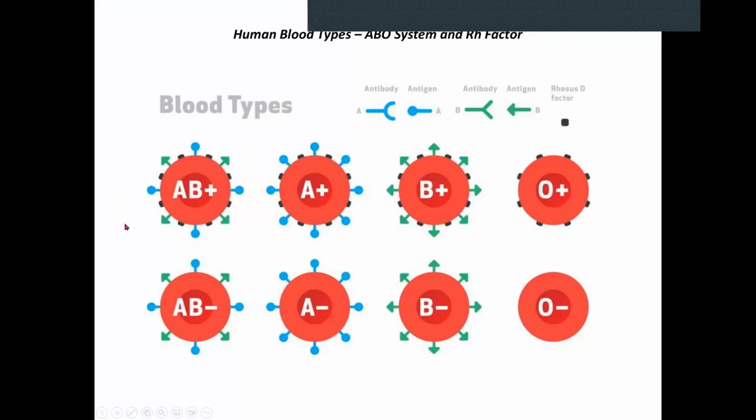Each of these, as you see, A positive, B positive, O positive, has certain antibodies, antigens, what's the word? Receptors. And this shows you, for example, let's start with the O negative.